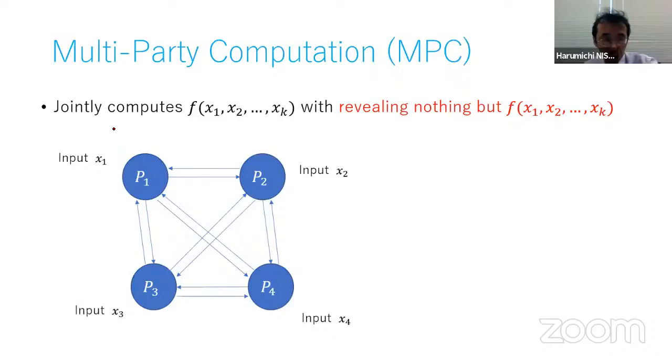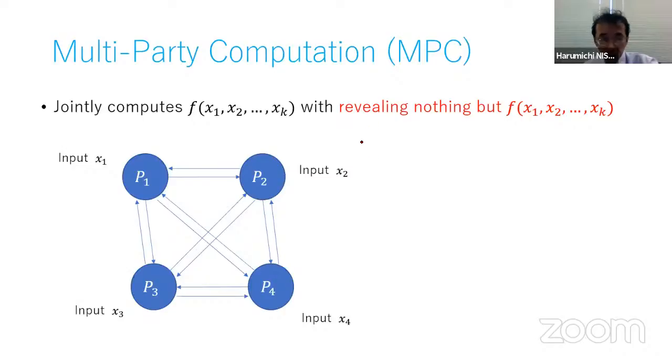The aim is to compute F cooperatively, but another restriction exists in this model, which is revealing nothing but F. So these parties compute the function, but except for the functional value, no information is revealed.